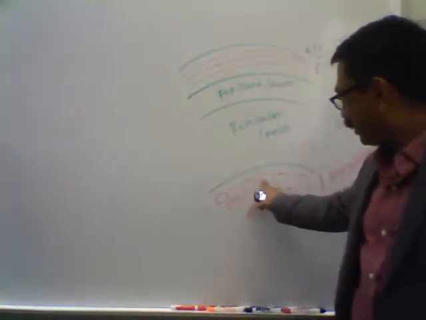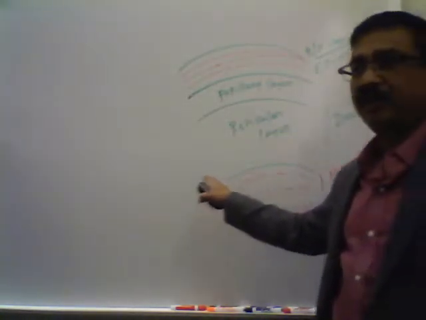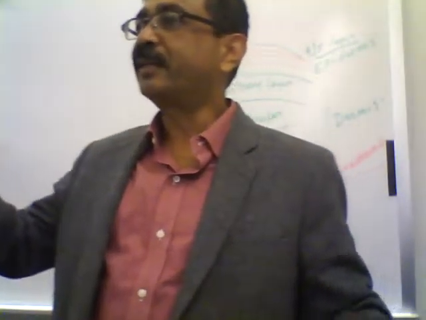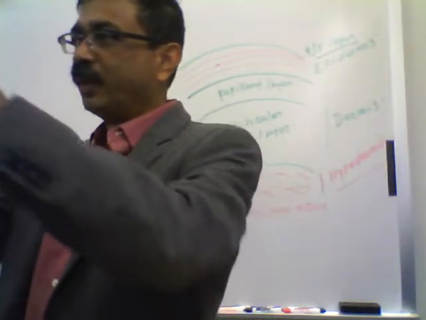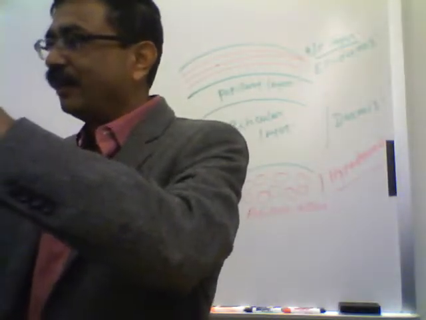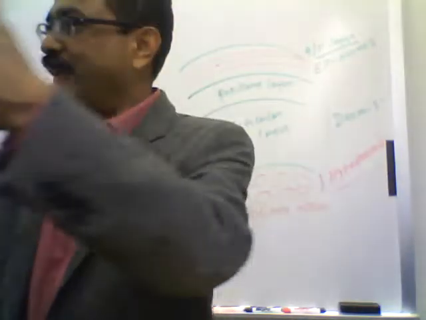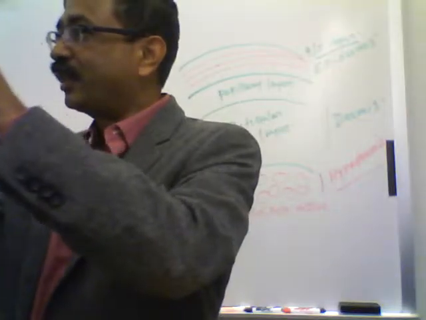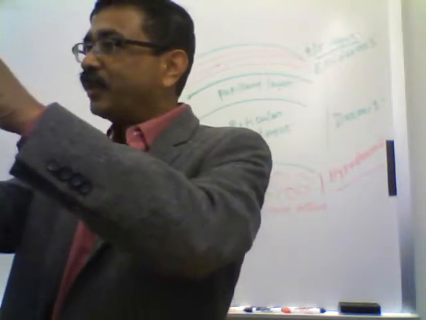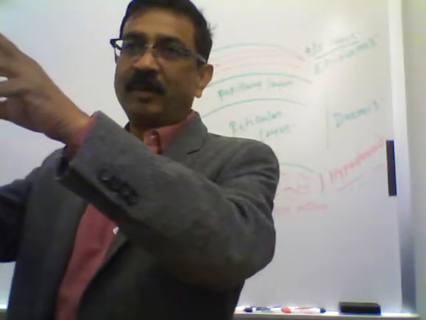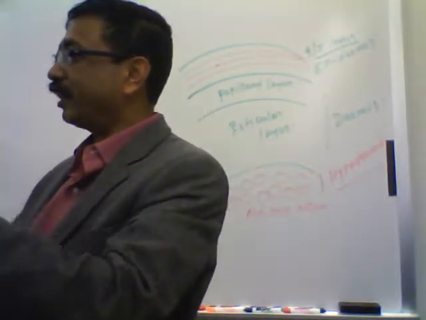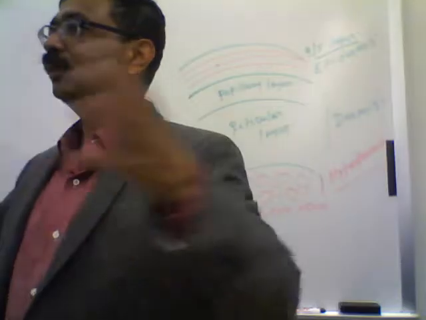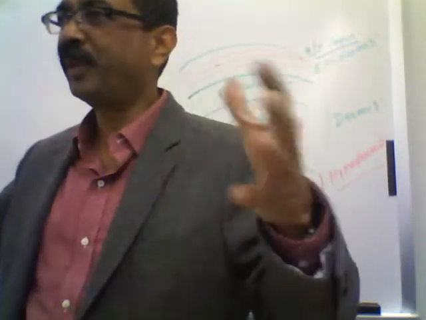Because this layer has adipose tissue or fat, and fat has less blood circulation. So when you inject the drug there, less blood flows in that area. So the drug will stay there for a long time, will be slowly taken into the blood because less blood goes there.